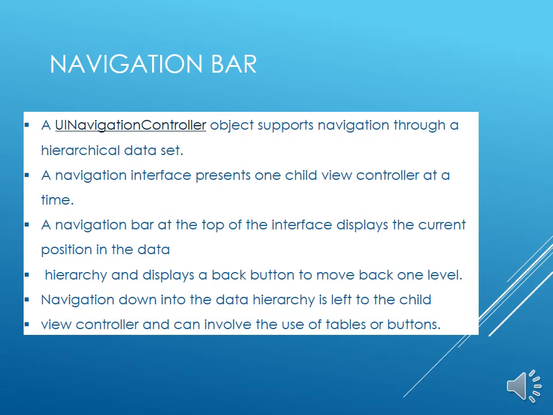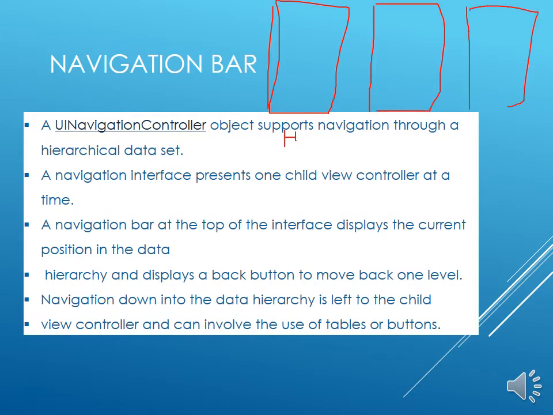The next we have is the navigation bar. A UINavigationController object supports navigation through a hierarchical dataset. A navigation interface presents one child view controller at a time, meaning it presents only one view at a time, not more than that. For example, I will give an example of an application that has a home page, and another is page number 1 and page number 2.